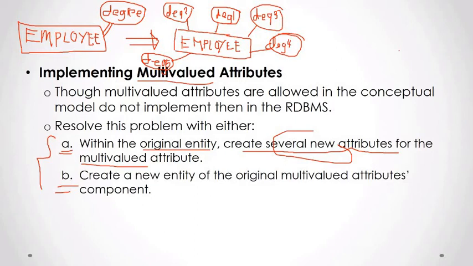The second possible problem with option A is, right now there are 5. What if there is a newly hired employee who has, shall we say, 6 degrees? Where will you place the 6th? Well, the obvious answer here is you add another attribute.